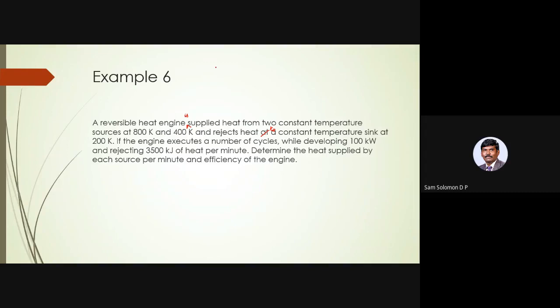So we have to draw the diagram first. Apart from our regular diagram, this particular diagram tells us that there are 2 sources. Usually we have temperature T1 and temperature T2 as the two reservoirs, source and sink. Now we have two sources for one heat engine.